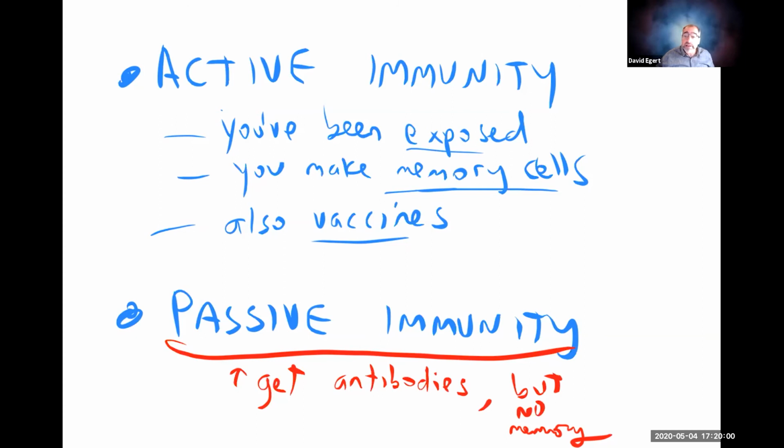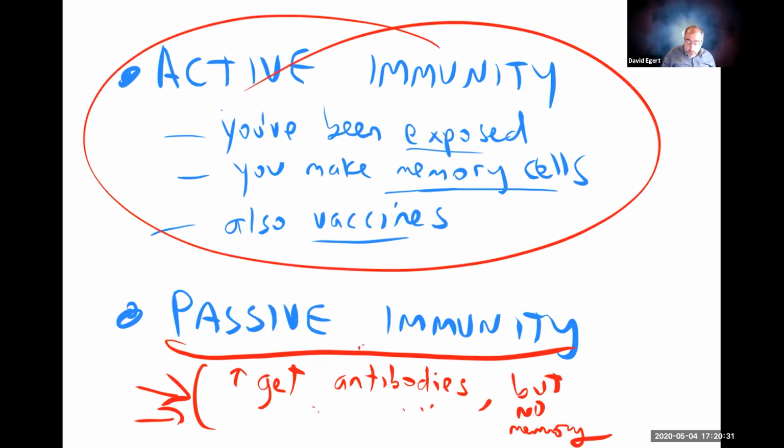Whereas in my body, my immune system actually went through the whole process, so I'll never catch that thing again. So with passive immunity, you do not have long-term protection. You get instant protection because you've got external antibodies coming in, but you don't get long-term protection. With active immunity, you have memory.